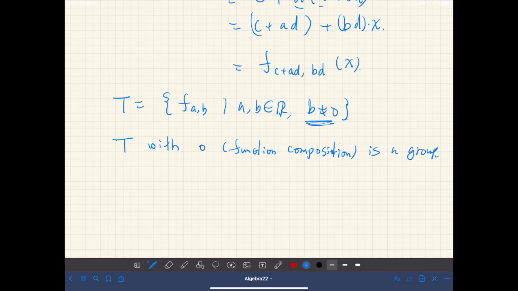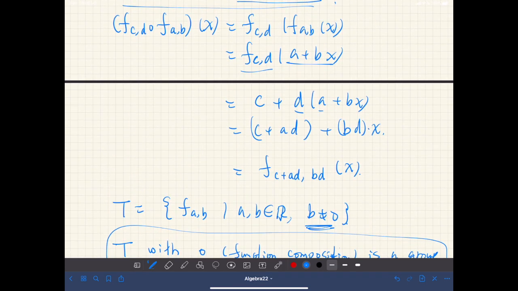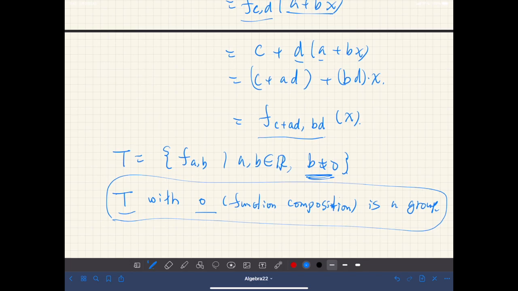And to show this is a group, first you need to show that this set T is closed under function composition, which we have already done here. If we compose two of these functions, the result is a function of the same form but with different parameters.